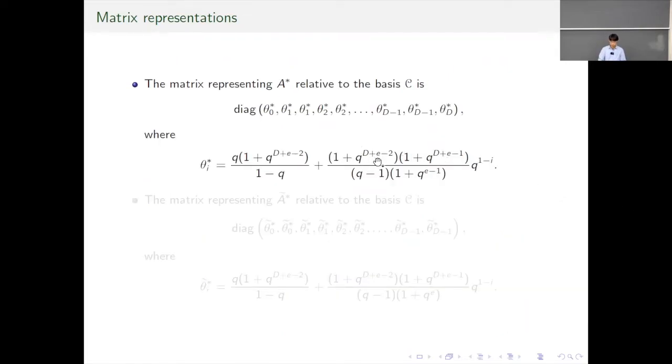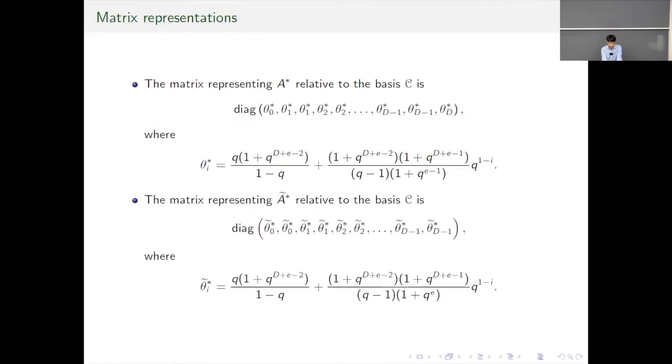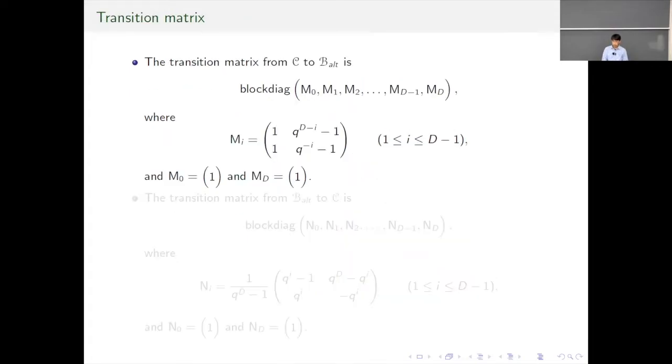The matrix representation of A star is just a diagonal matrix because A star acts diagonally on W, and also A star tilde acts on W diagonally. So the matrix representation of A star tilde is a diagonal matrix. Now the transition matrices. The transition matrix from C to B alt is a block diagonal matrix, 1 by 1, 2 by 2, 2 by 2, 2 by 2, and 1 by 1.